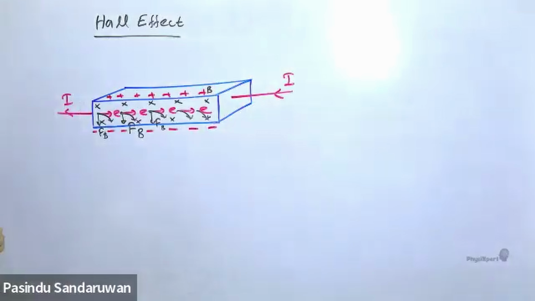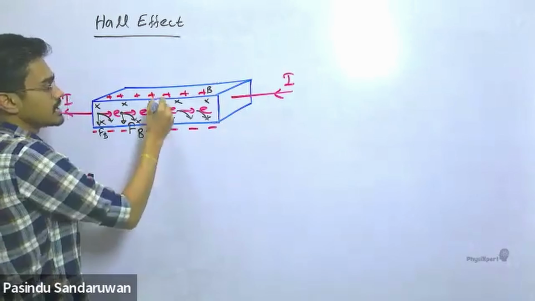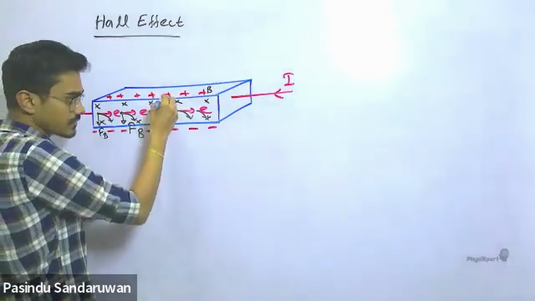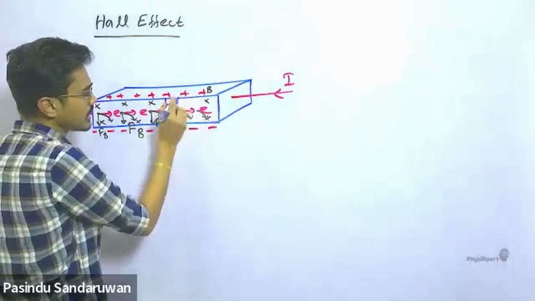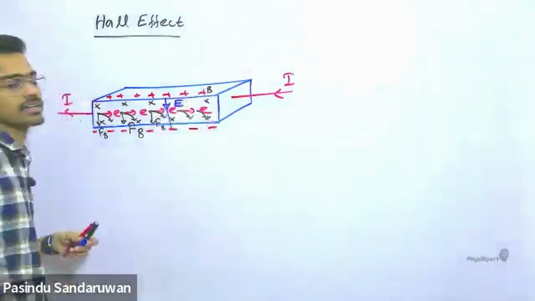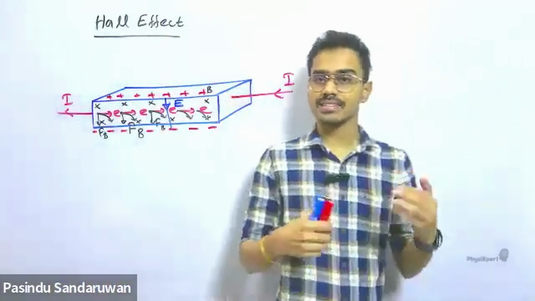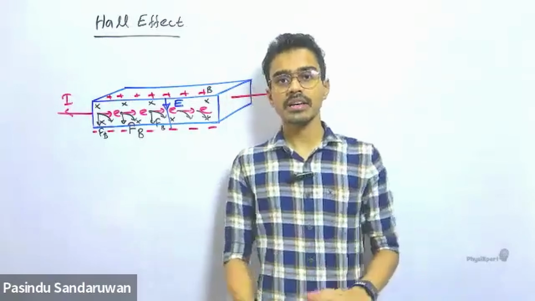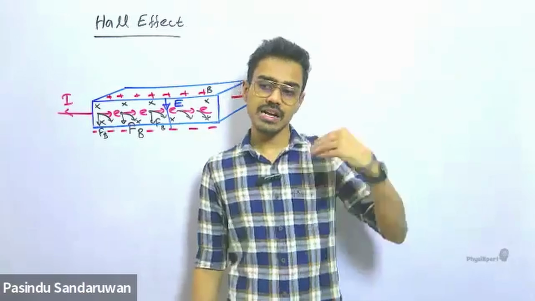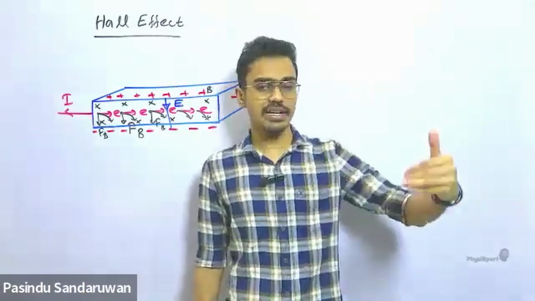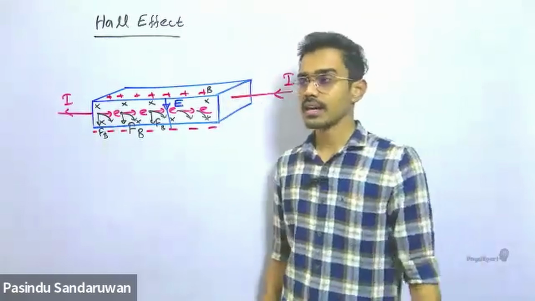What happens is, all of a sudden, an electric field is generated like this. Otherwise there was no electric field given to the system initially. As a result of this, now there is an electric field generated.